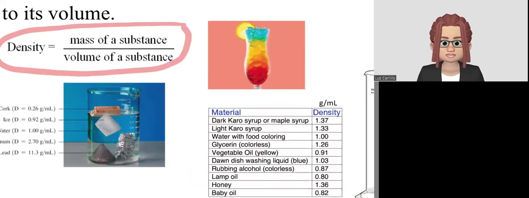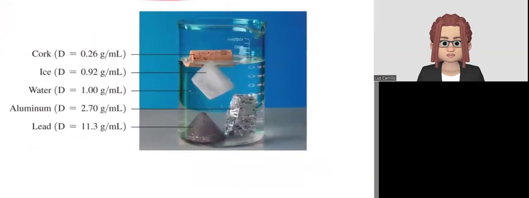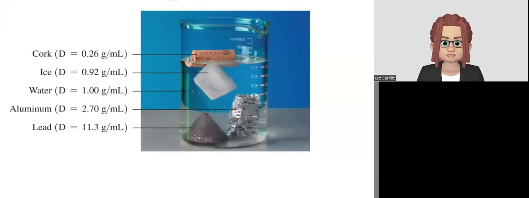So let's say that, for example, in the laboratory, we have a beaker that has different substances. Here in the image, in the beaker, we have a piece of cork, ice, water, aluminum, and lead. These different substances, as you can see, are distinct.